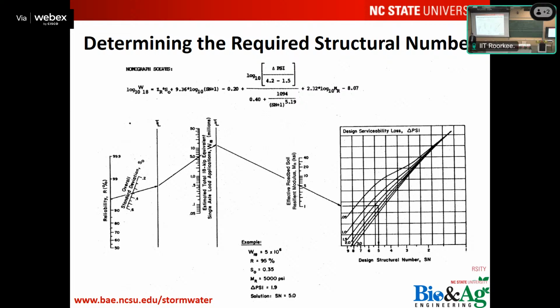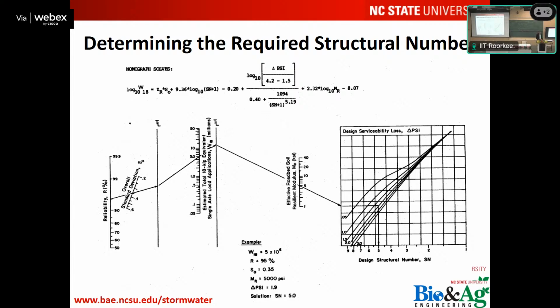I am not going to teach you how to do that. But I do want you to know that this nomograph plus another calculation that you compare to the structural number is how it's determined.